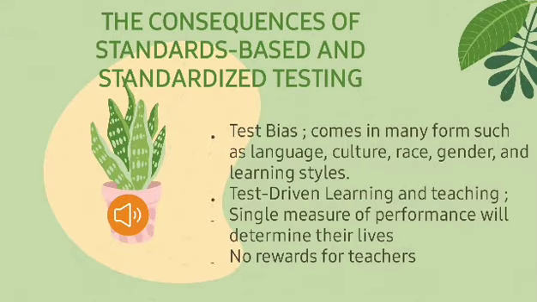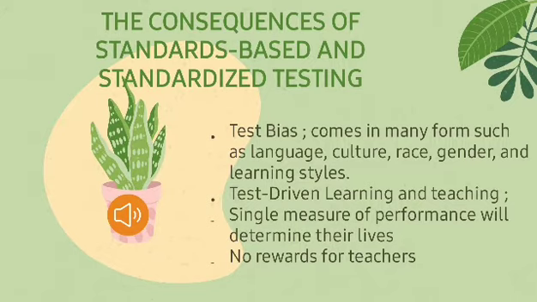We come to the last of my part, which is the consequences of standard test assessment and standardized testing. When we apply standard tests and standardized testing, we may face these things. First one is test bias. Second one is test-driven learning and teaching.